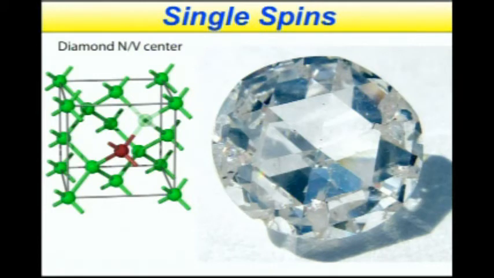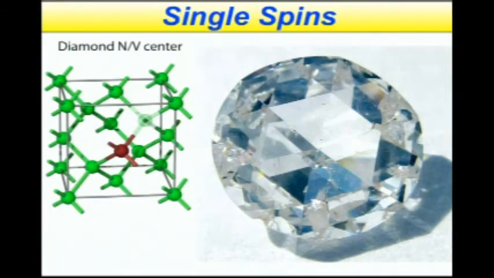I'll give you just the result, and for that I would like to introduce a nice system for doing such experiments. That's a diamond, and inside that diamond, well, you know, diamond is a lattice of carbon atoms, and you will find some defects. That's a so-called NV defect or nitrogen vacancy defect, where one of the carbons is replaced by nitrogen, and adjacent to it is a vacancy, a missing carbon.